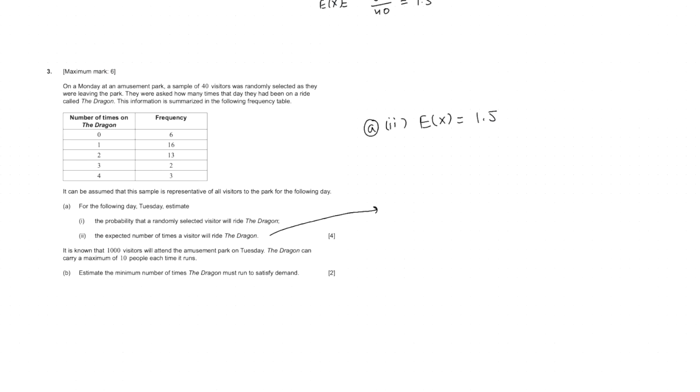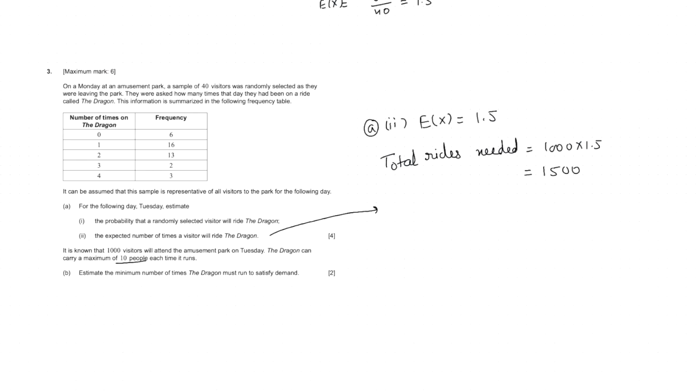So the total rides needed is 1000 times 1.5, which is 1500. Each ride can carry 10 people.